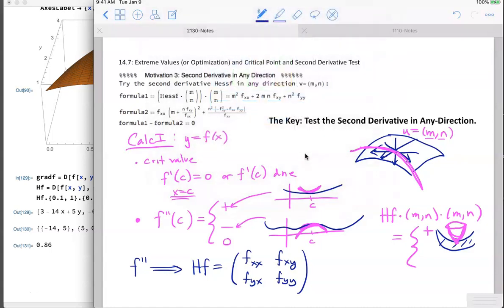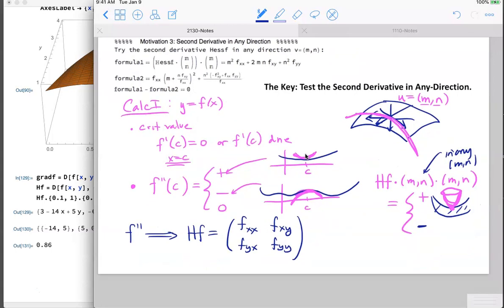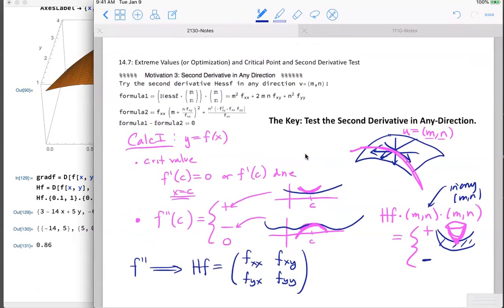If the second directional derivative comes out negative in any direction, no matter what that direction is, then you know that the quadratic approximation of your function is going to be like a paraboloid facing downward. And so maybe your surface was doing something like this at that point, and this is the quadratic approximation of it.